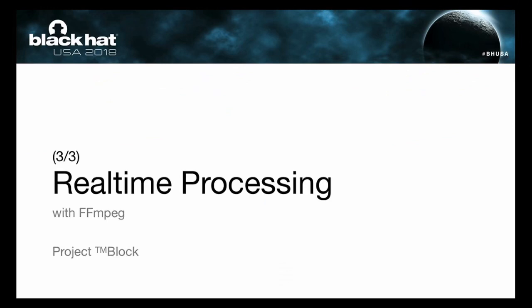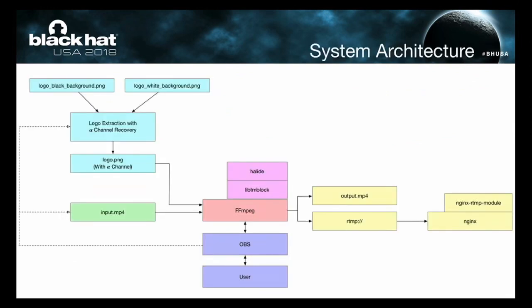So then we want to integrate our code into a real-time processing framework. We use FFmpeg. This is our system architecture. So first we extract the high precision logo from 2 still images with solid color background. Then we get a logo with alpha channel. After that, we write an FFmpeg filter with Halide support, and we input those 2 files to FFmpeg.